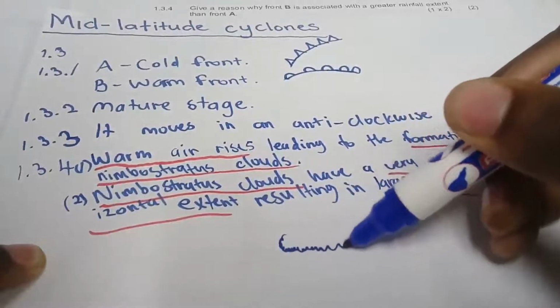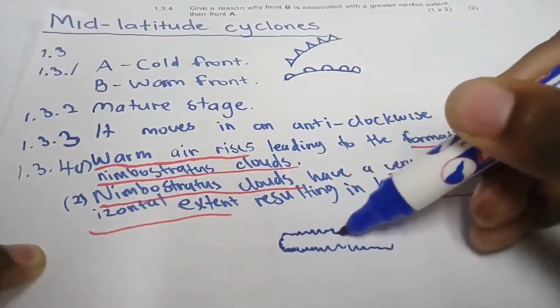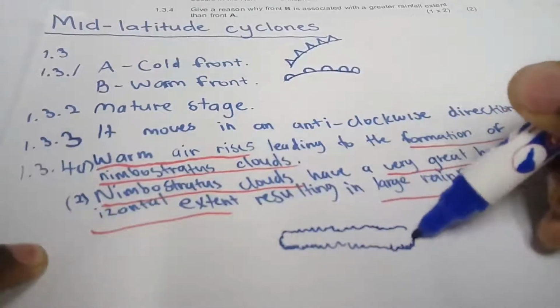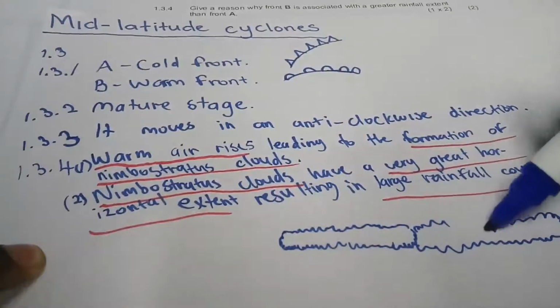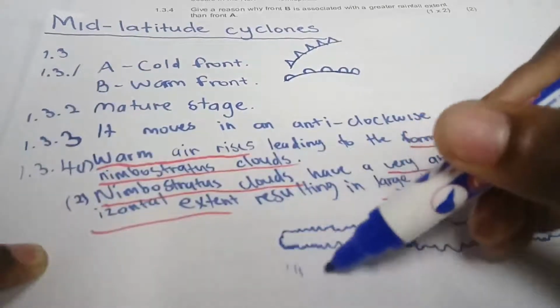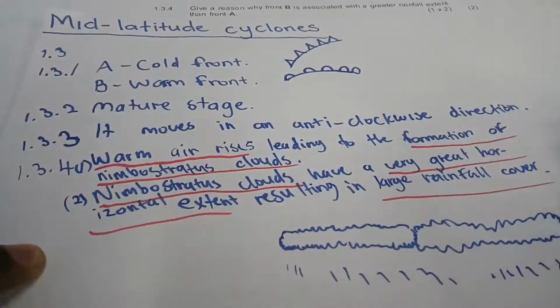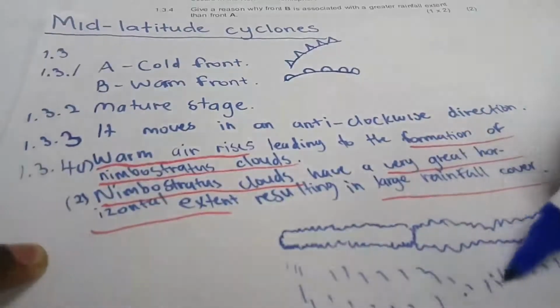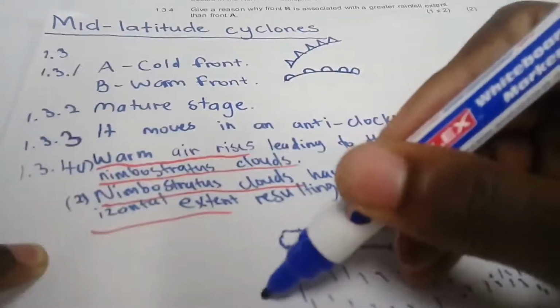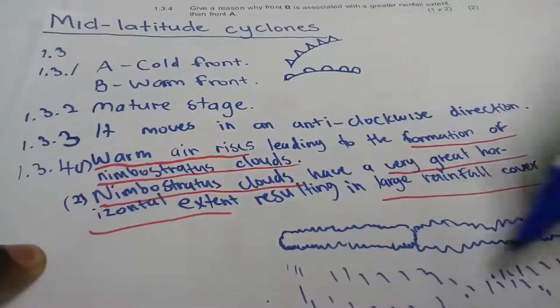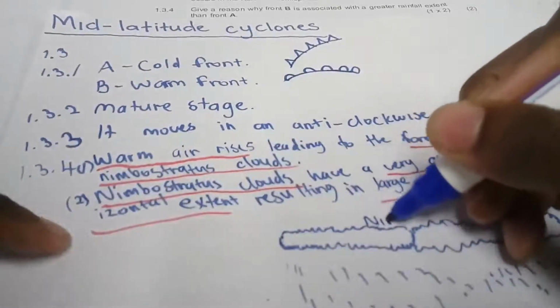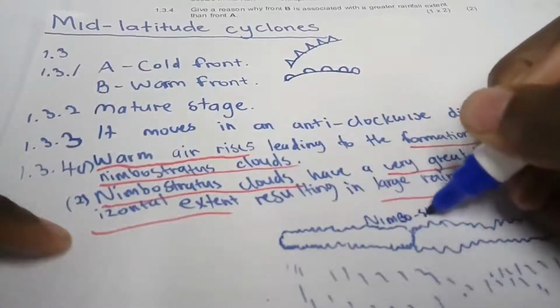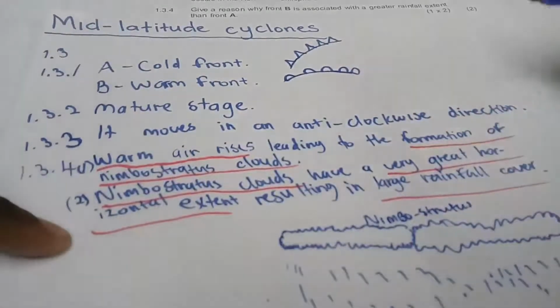They cover a long area, and therefore when it's raining, the rain is going to fall on a large scale on the land, right? That's why. Yes, that's the answer.